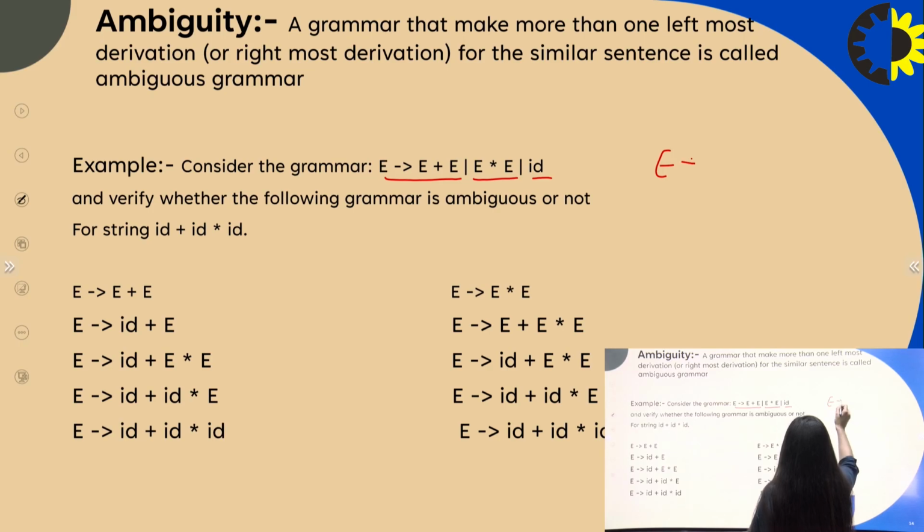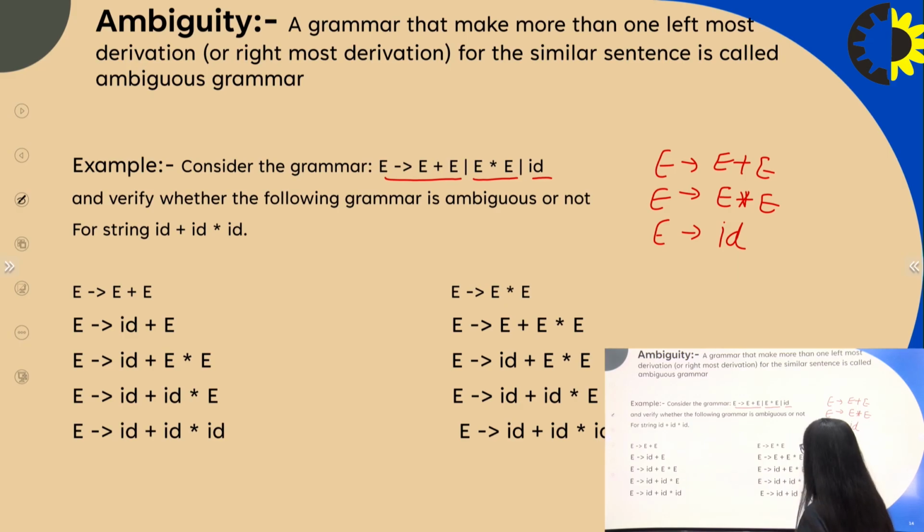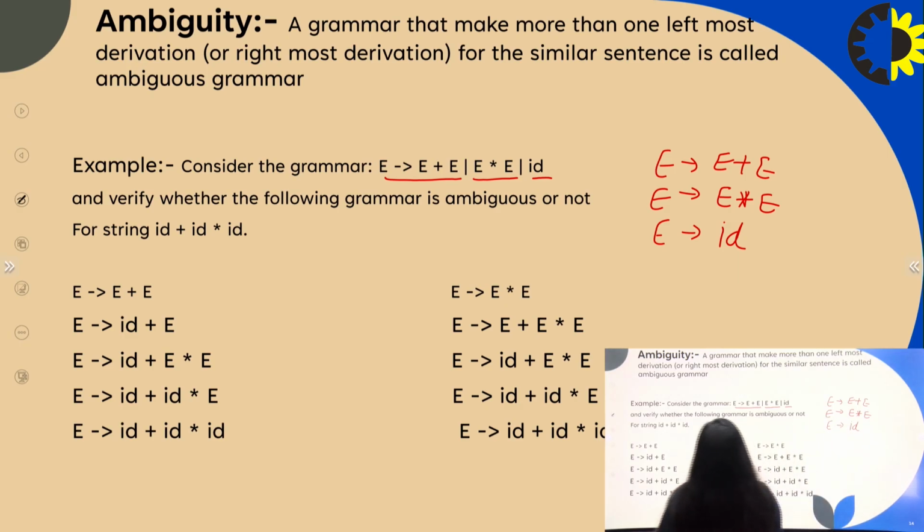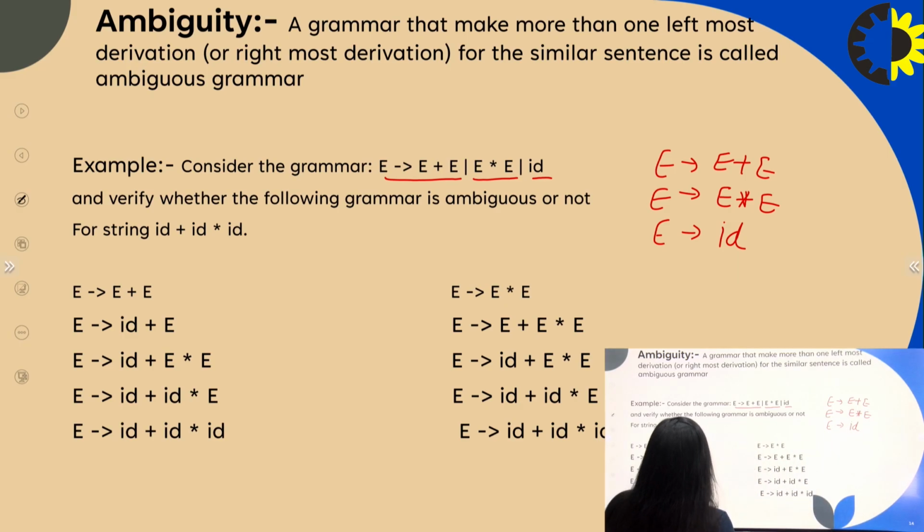There are three productions in this grammar: E produce E plus E, E produce E into E, and E produce ID.